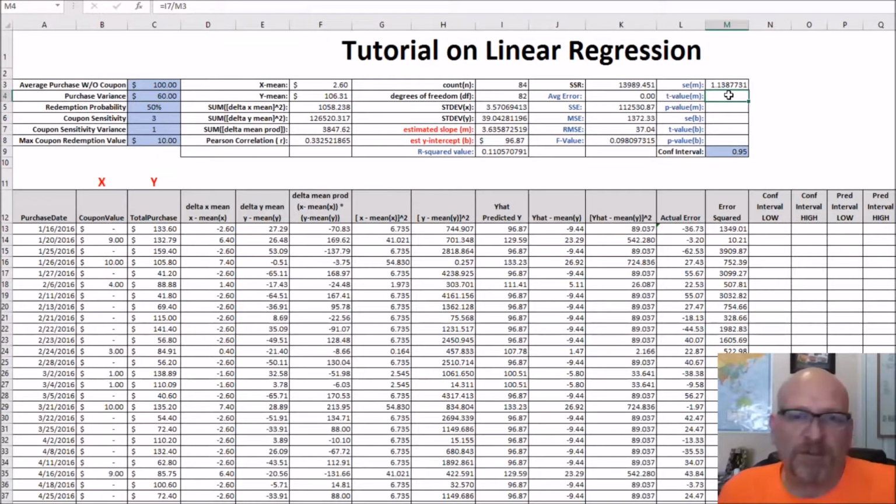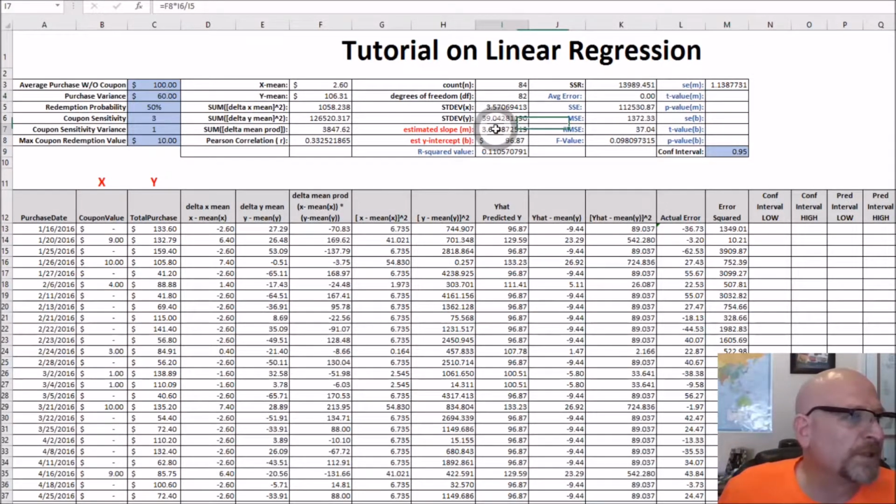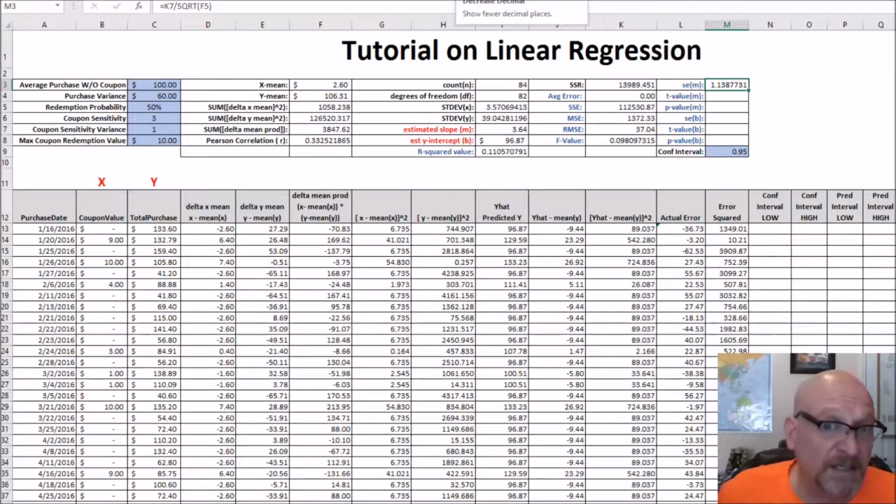It's important to look at the magnitude of the number. We're predicting that the slope is 3.64, and this is kind of like a standard deviation for that prediction.